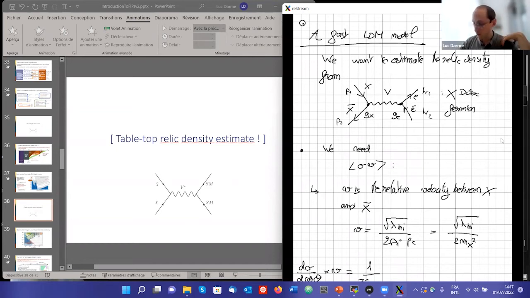So we have a factor of 32 pi for the phase space. Then we multiply by the square root of the Källén function on the initial object, the same for the final object. We have to average over the initial helicities. These are two fermions, so this is 2 by 2. And then we have, of course, the sum over the helicities of the final states and the amplitudes for the process.